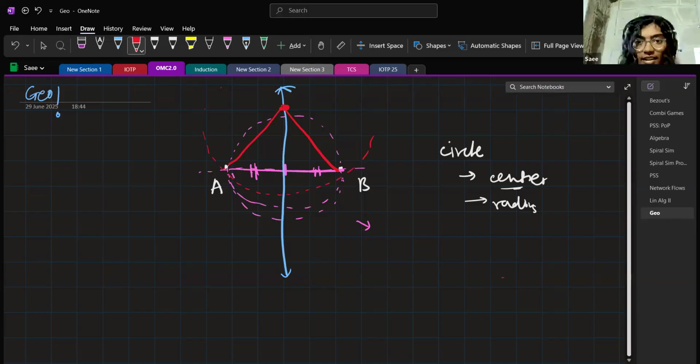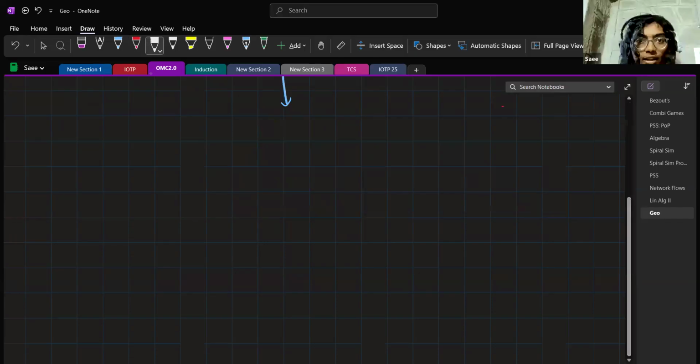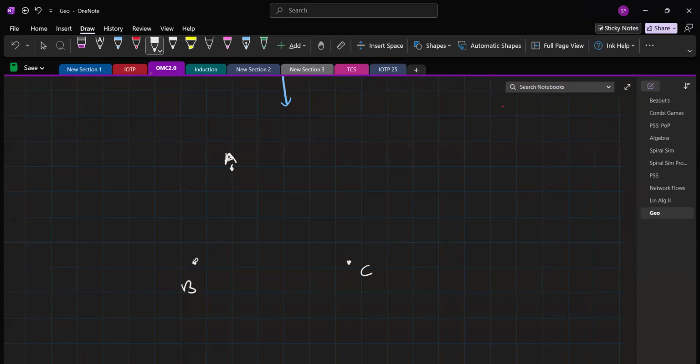All right. Now, what if I give you 3 points, A, B, and C, and I wanted to draw a circle passing through them? The intersection of the perpendicular bisectors of all the three line segments which are being formed.